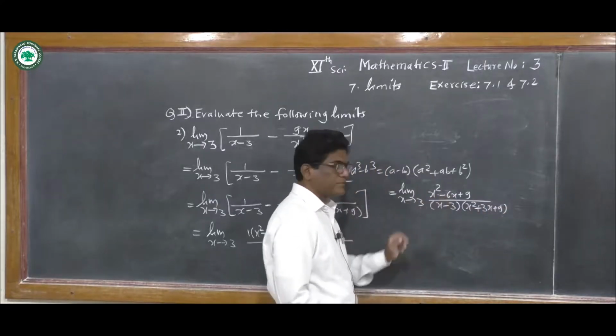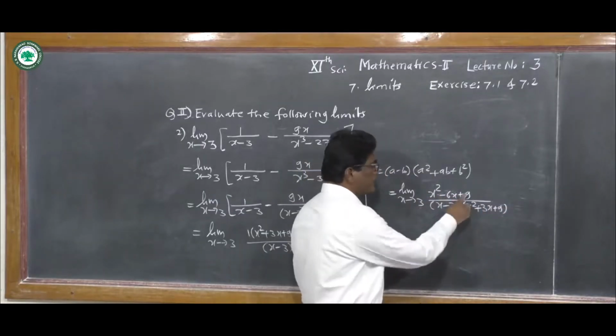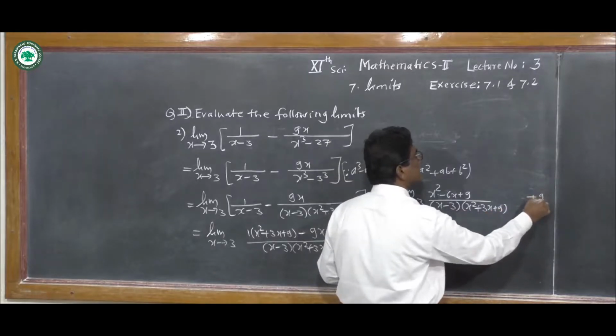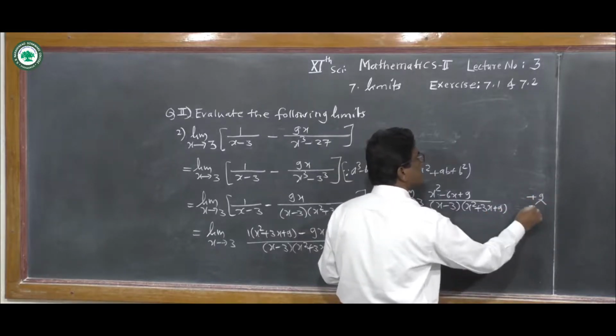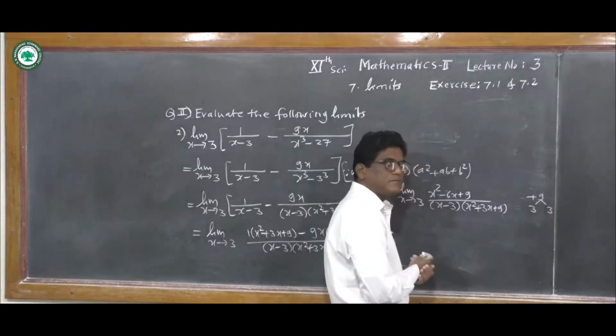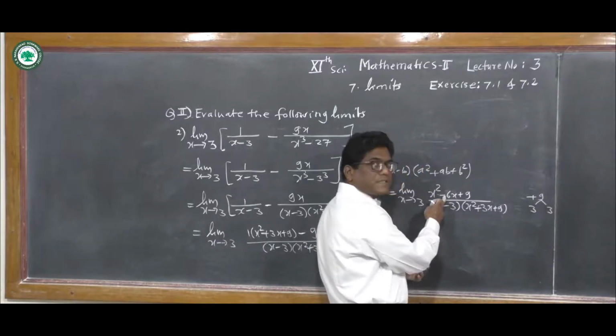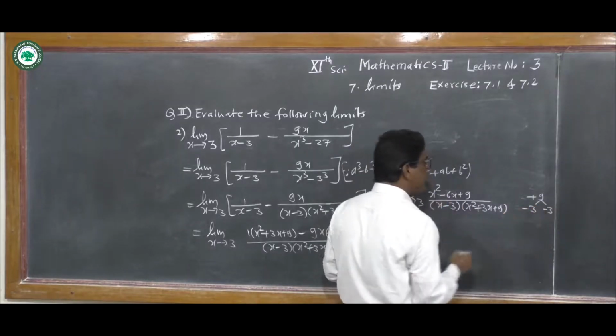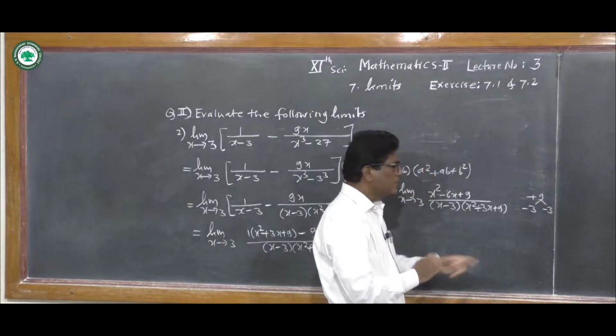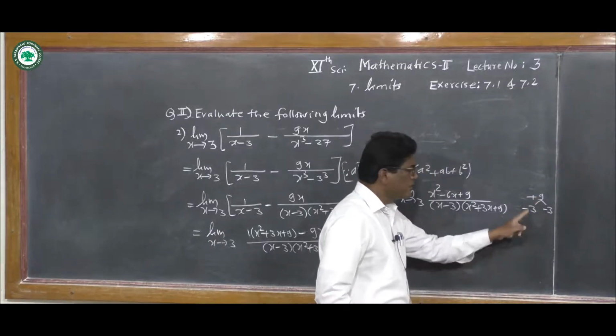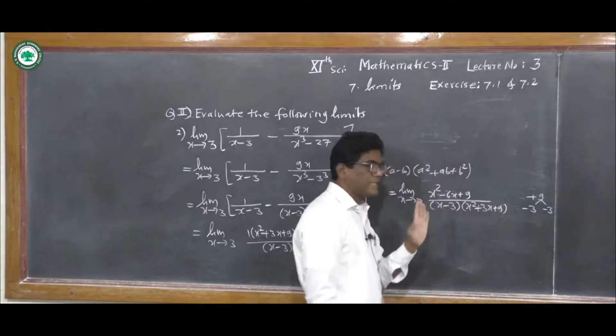Now factor this numerator, x square minus 6x plus 9. 3 3s are 9, okay, here minus 6, so take both signs minus, minus 3 into minus 3 is plus 9, minus 3 plus minus 3, that is minus 6.